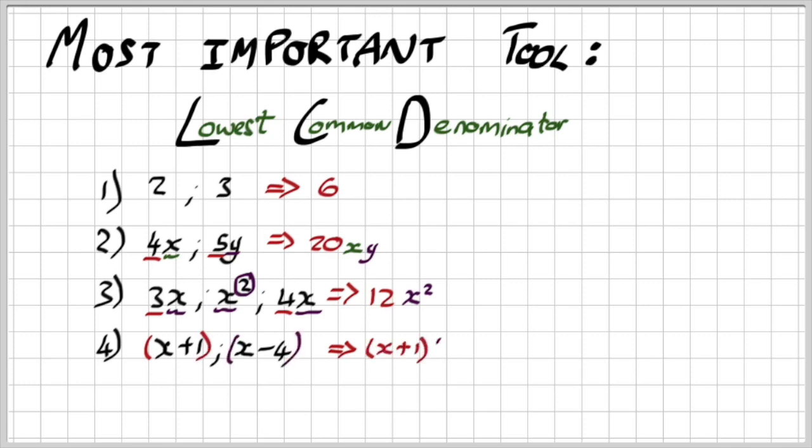So in other words, they both have to be in your LCD. If there was an x plus 3 and an x plus 5, both of them would have gone in there. You can't separate the x and the plus 1 and the x and the minus 4 and put them in separately. That's why I put it in brackets. It helps to put these expressions in brackets.